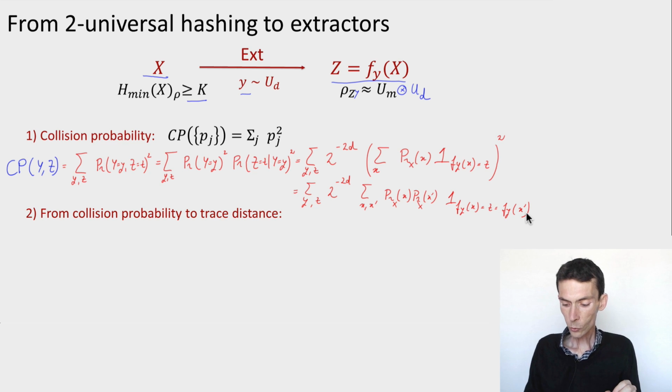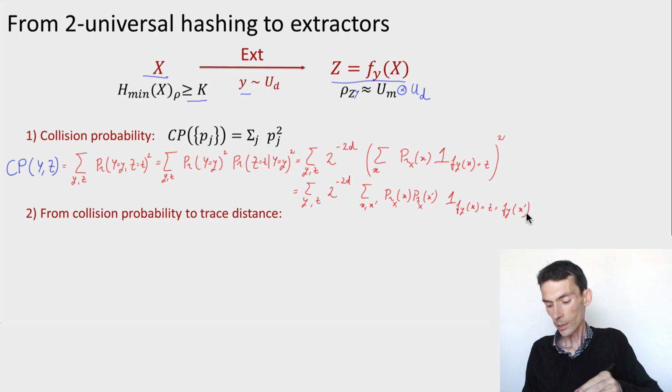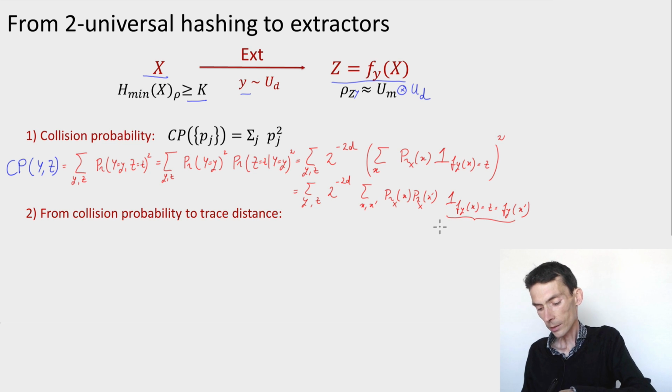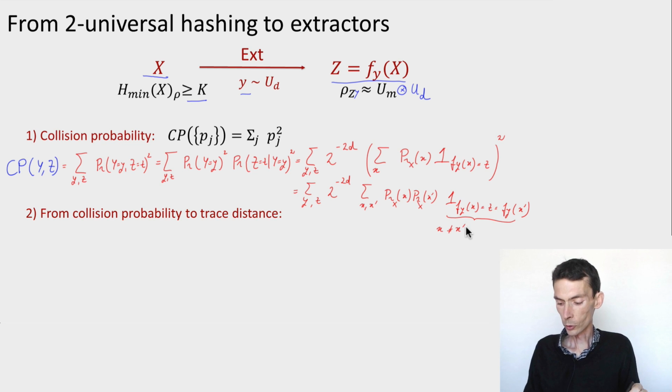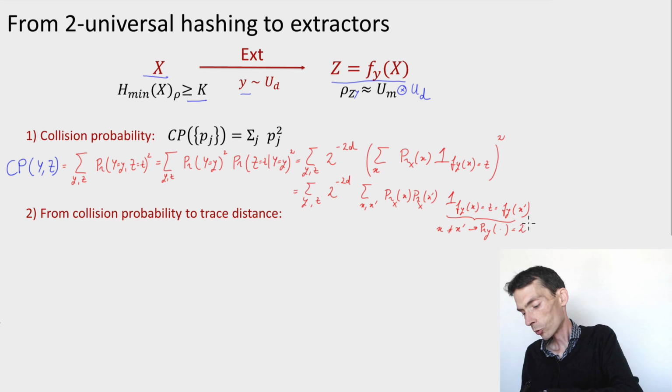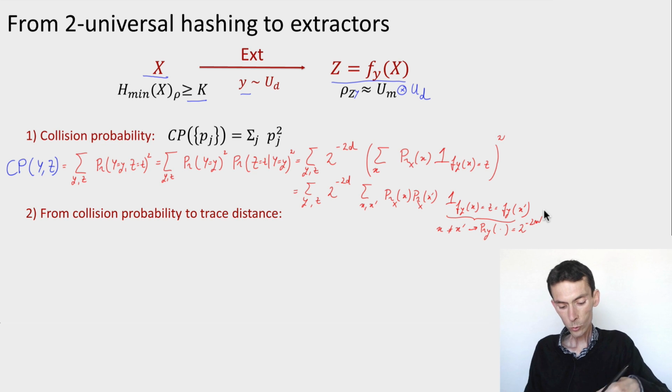Alright, so here we have two cases. Either x is equal to x prime, in which case this will always be the case, or x is different from x prime, and then we can use the property of a two-universal family of hash functions, which is saying that in that case, the probability over y that this happens is equal to 2 to the minus 2m. So we get two terms here.